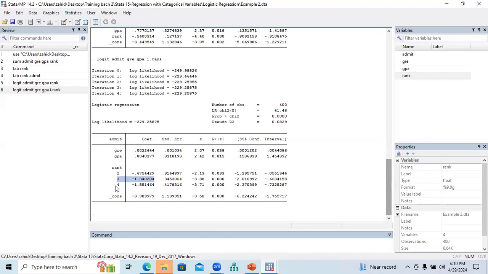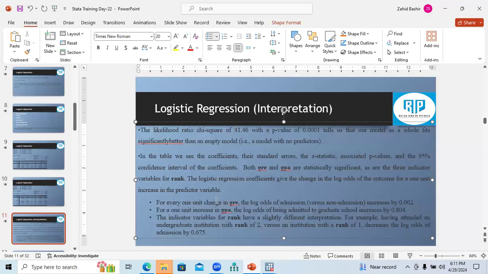Having attended a rank 4 institution as compared to a rank 1 institution decreases the log odds of admission by 1.5514. So this is how you need to interpret this table.